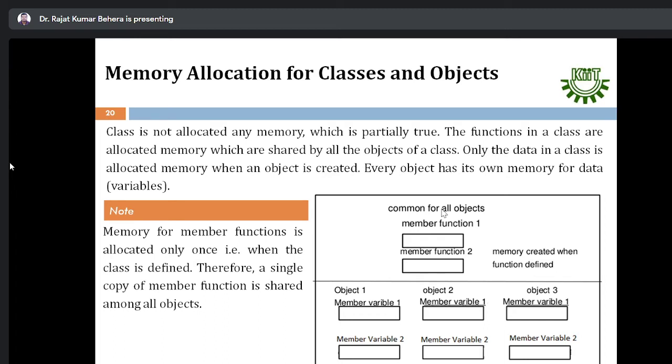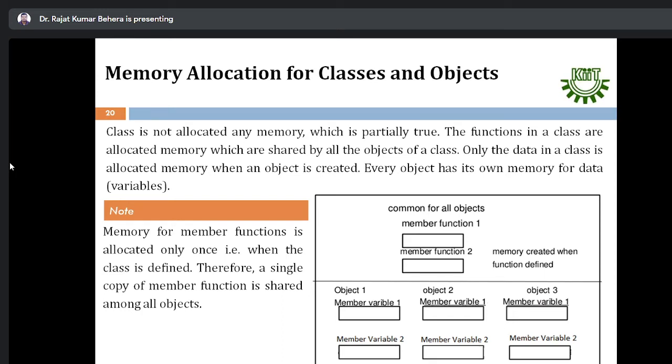That means the byte code, or the executable, or the binary code, or the low level language code, is going to be created for member function 1 and also for member function 2. So that means when a class is being created, the memory is not allocated unless the object is being created.